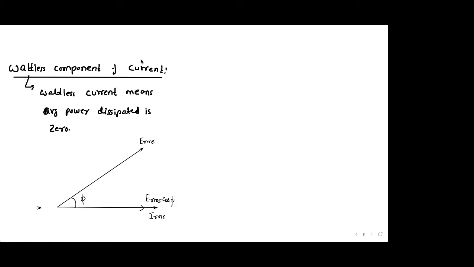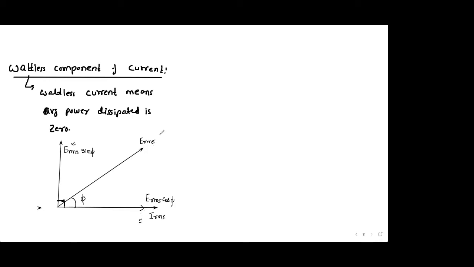And this is the vertical component of ERMS, ERMS sin phi. The phase difference between this ERMS cos phi and this ERMS sin phi is 90 degrees.